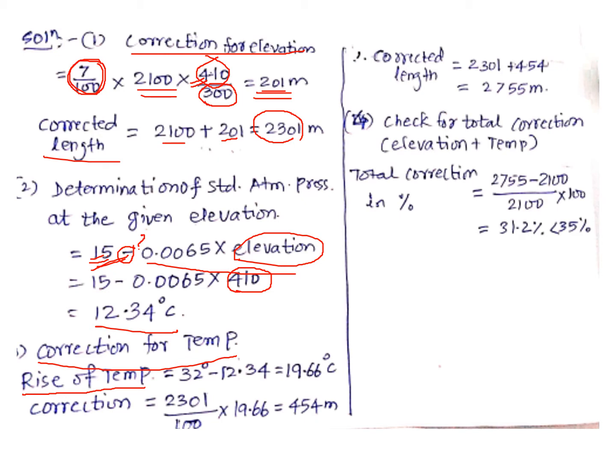In our problem, 32 degrees centigrade is the temperature observed at 410 meters, and from this we subtract the standard temperature, 12.34, that we have just calculated, so the rise of temperature is equal to 19.66 degrees centigrade. So what is the correction for the temperature?